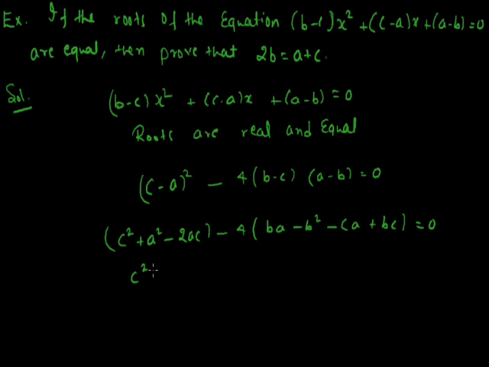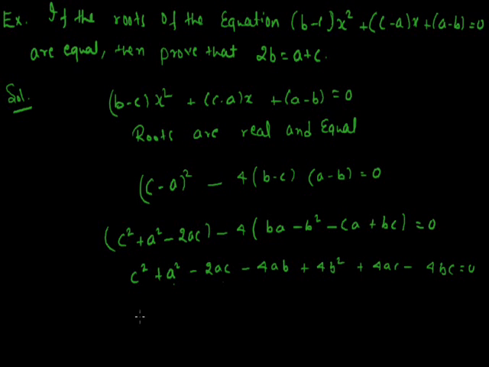So again, c square plus a square minus twice ac minus 4ab plus 4b square plus 4ac minus 4bc equal to 0. Now here c square plus a square minus 2ac, and here it is 4ac.